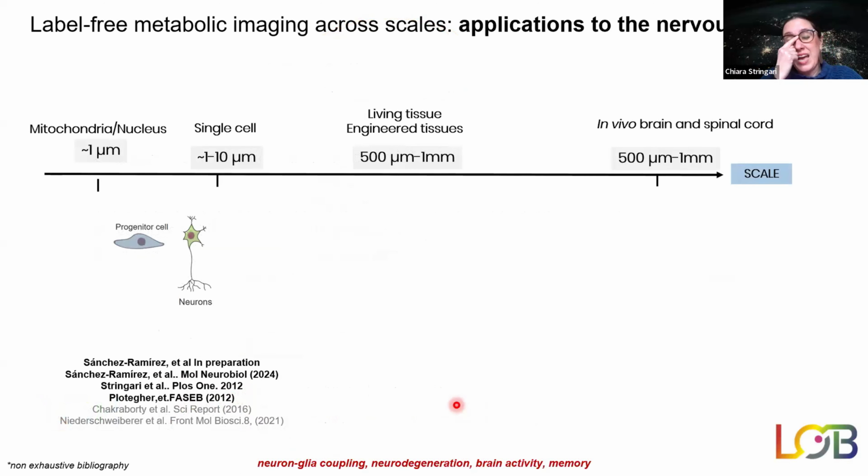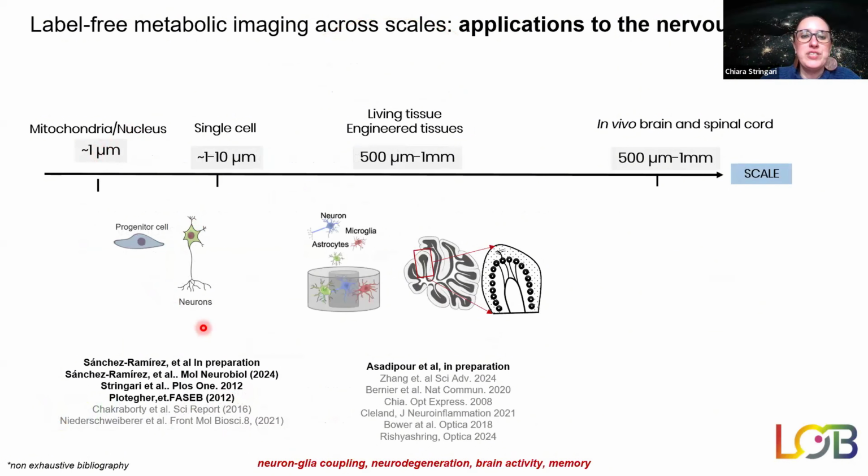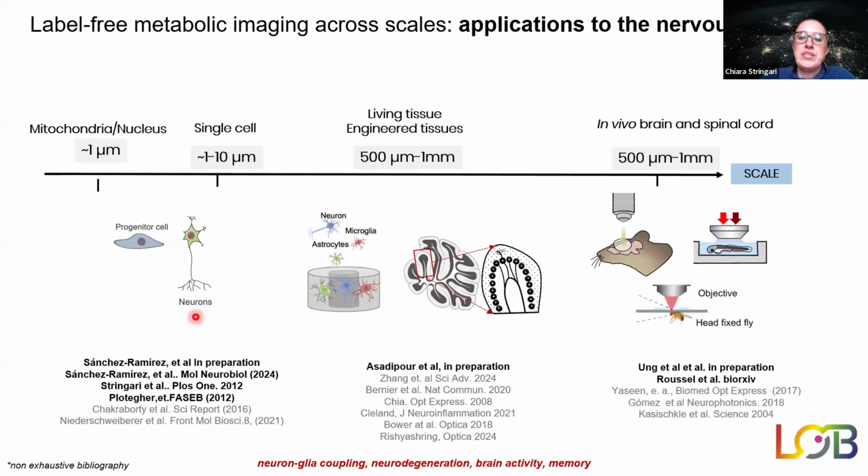In neuroscience, metabolic imaging and NADH FLIM has been used to measure metabolism at the single cell and subcellular level, but also at the tissue level and in engineered tissues, and a lot also in vivo.